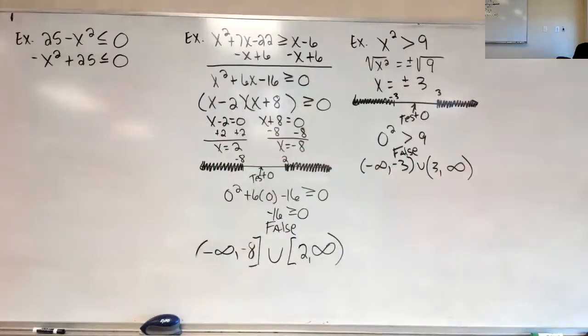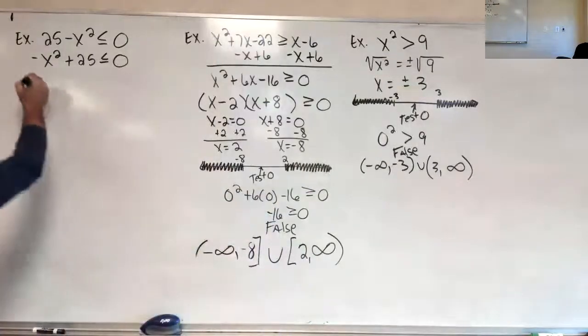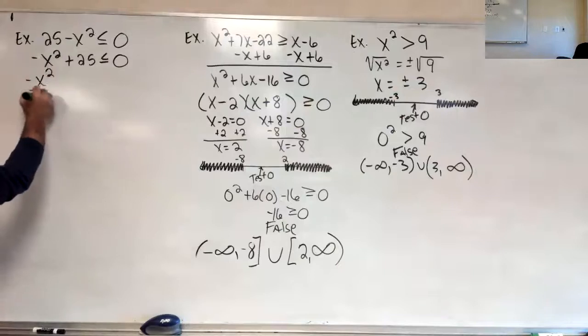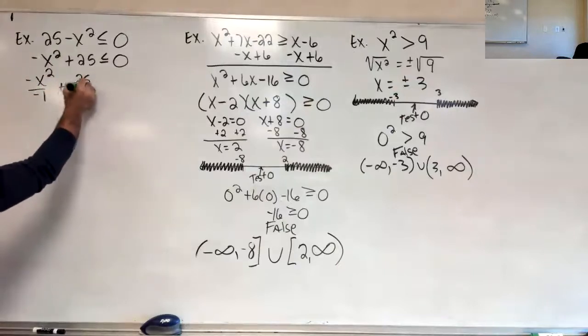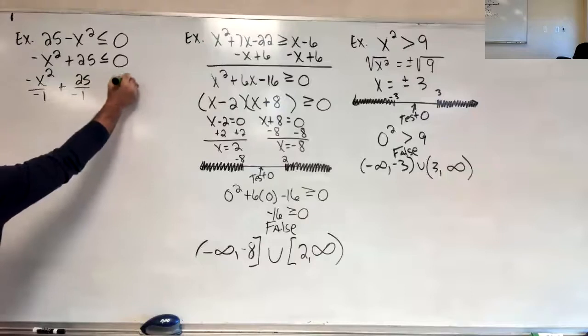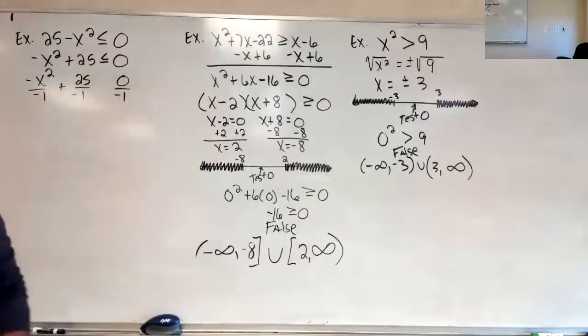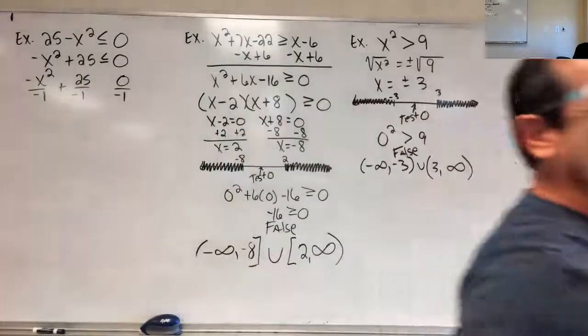And I'll tell you, I really don't like that negative being in front of my x squared. So I'm going to divide everybody by a -1. And I can do that as long as I do it to everybody.